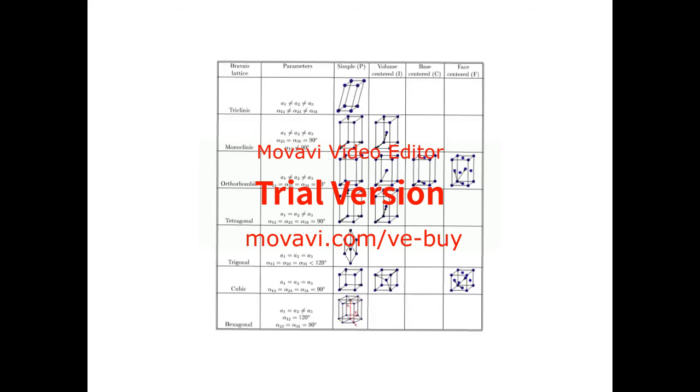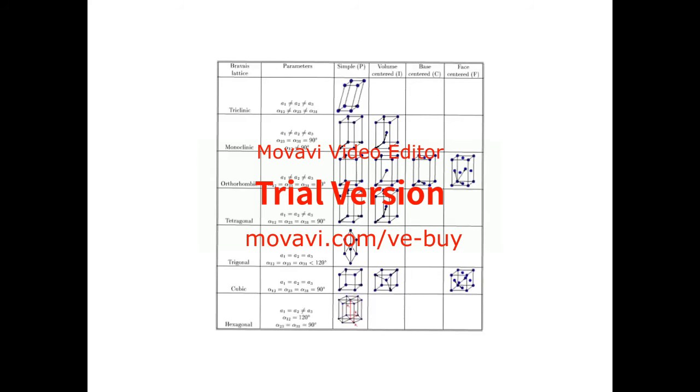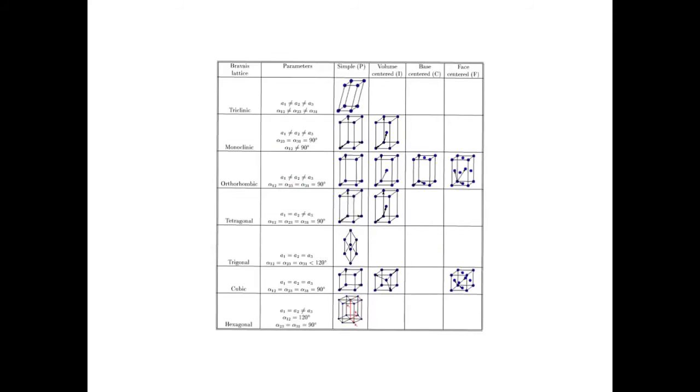And the next in line is the orthorhombic, where the magnitudes of the unit cell vectors are all different from each other, but all the angles are 90 degrees. Tetragonal is more symmetric. All the angles are 90 degrees, and 2 of the unit cell vectors have the same magnitude. A1 is equal to A2, but A3 is different from A1 and A2.